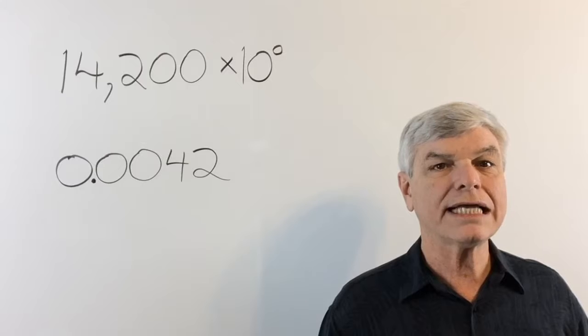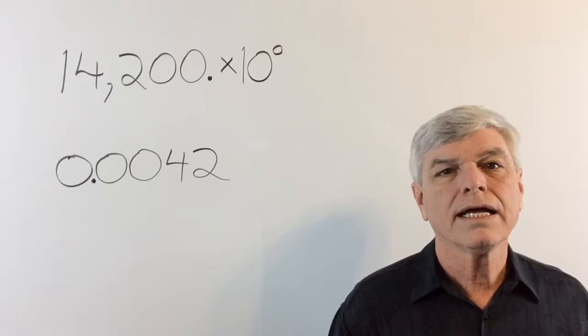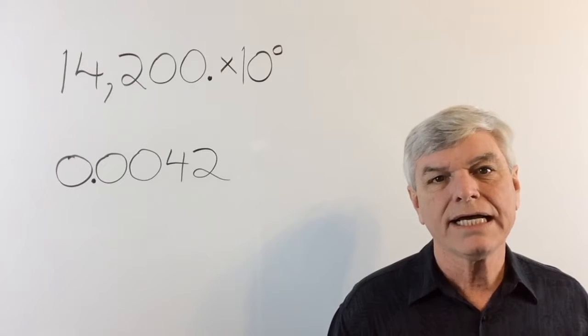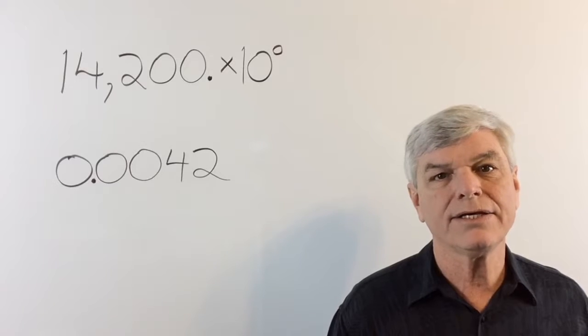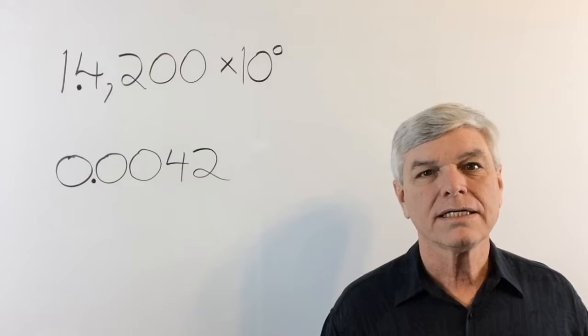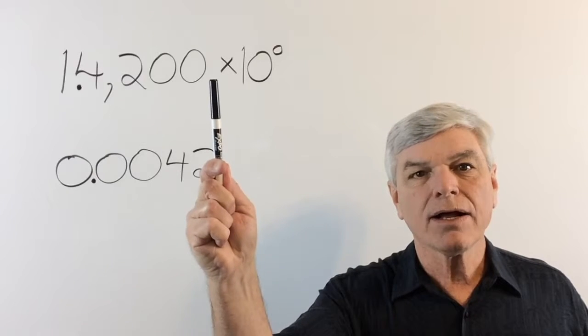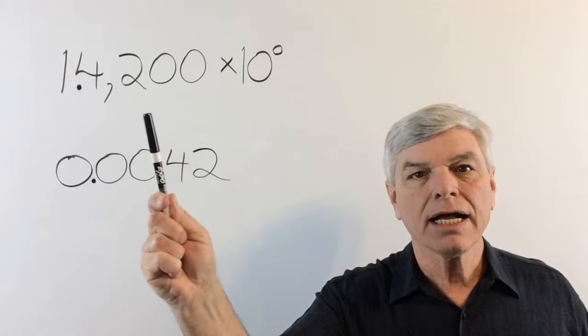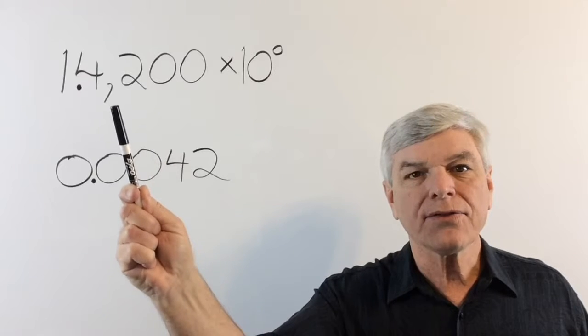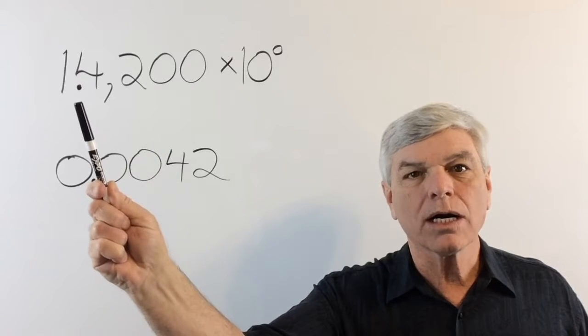Okay, so let's take that decimal point and we're going to move it to the left until it hits the unit spot. So how many spots did we move it? We moved it 1, 2, 3, 4.